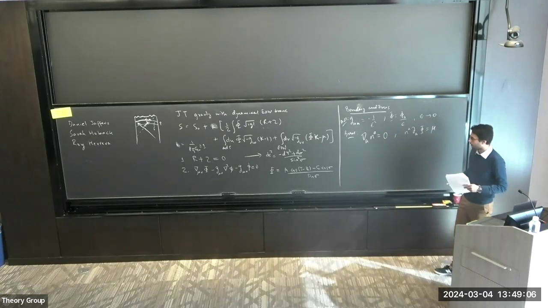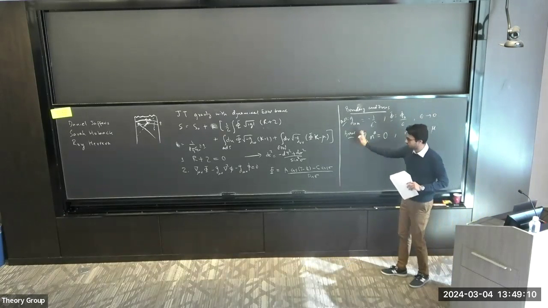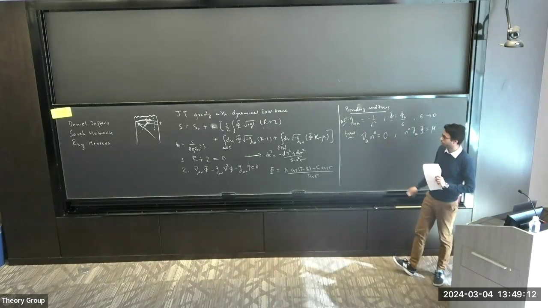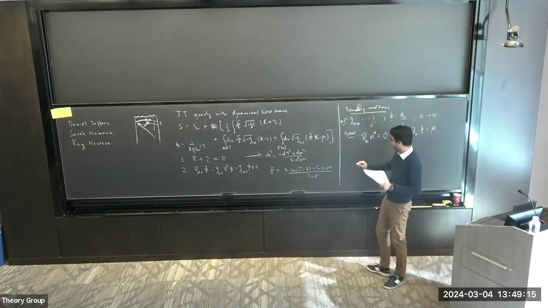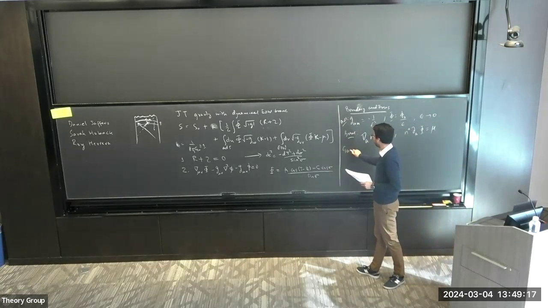All right. So these are the boundary conditions that I want to impose. Now we can look at the gauge symmetries.